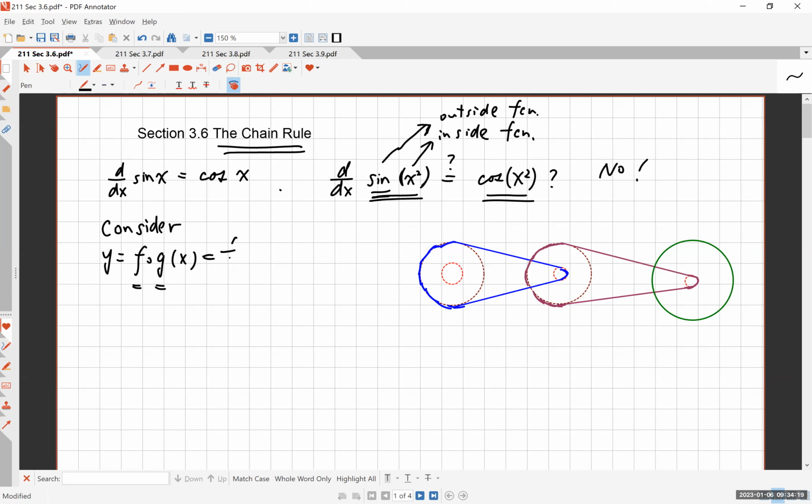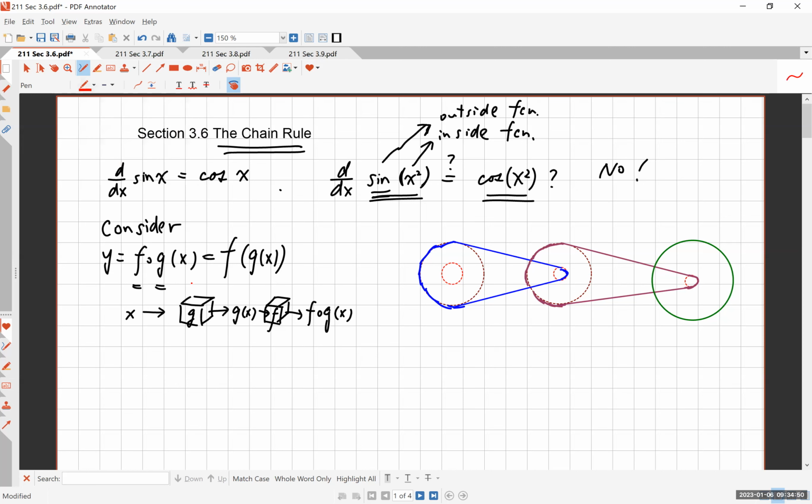Now, you know how to evaluate this, right? You do g first, despite the fact that f appears first as you read from left to right. As I mentioned a few times before, this is a two-step process. X gets thrown into the box called g, and out comes the outcome, g of x, and that is immediately thrown into another box called f, and the result is f composed with g of x.